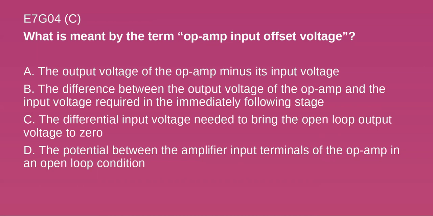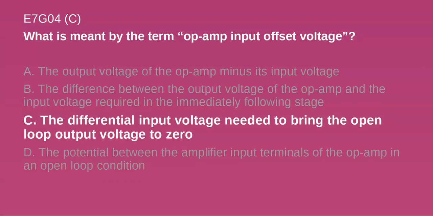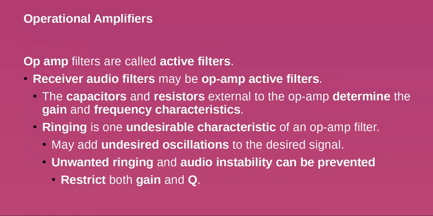We got any alphas? Betas? Charlies? Charlie. I'm going to say C. It's kind of like zeroing the meter before you take a measurement. Right, because that's the only point that it's going to operate correctly on the positive and negative. If you didn't do that, you just have a DC offset, and it may not be much.